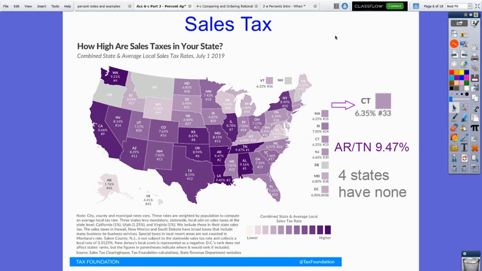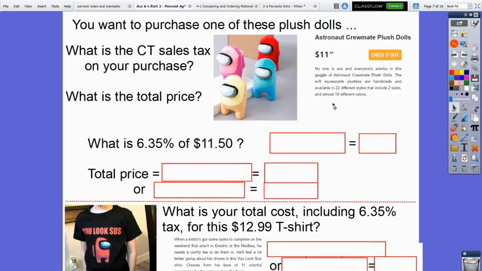All right, so how do you calculate sales tax? Sales tax is added on to the price that you pay for something. So let's say you see these little plush dolls here, and they cost $11.50 a piece. So how much tax will you pay if you buy one of these guys? What is the sales tax on $11.50?